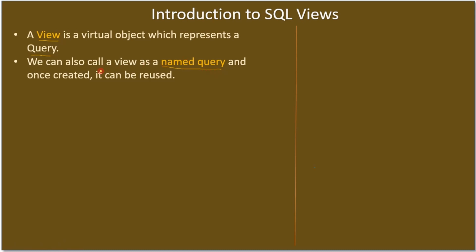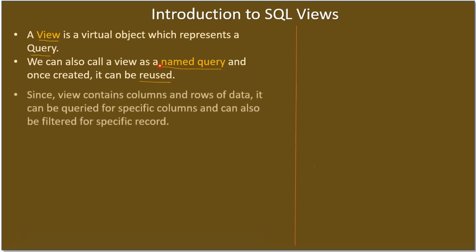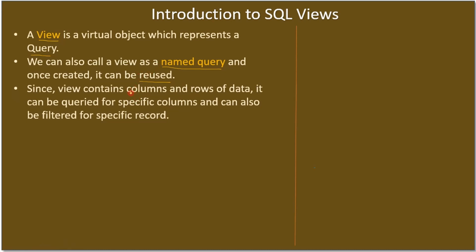So once created, a view can be reused because you are saving the select statement with a name. So we can reuse that select statement with the view name. Since a view contains columns and rows of data, it can be queried for specific columns.